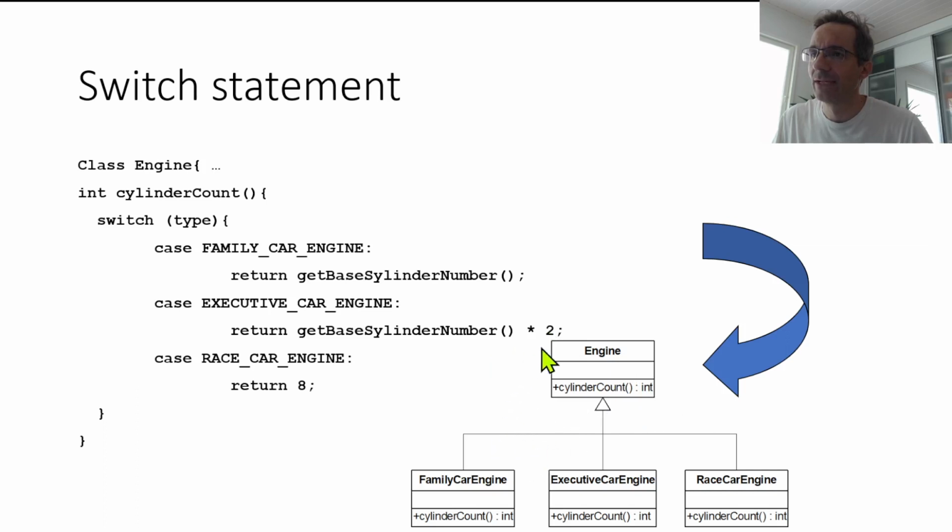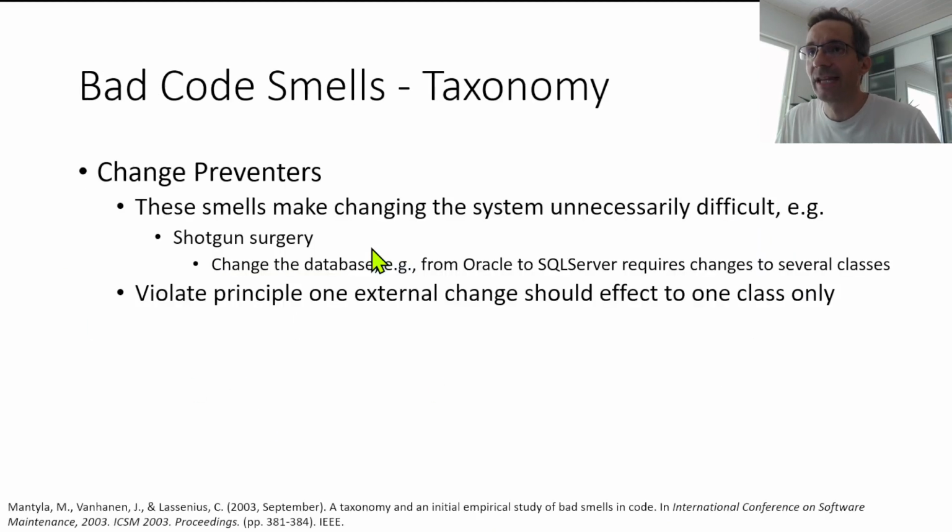So you would have engine, and then you would have a family car engine, executive car engine, and race car engine. And you would especially want to subclass this when there is other stuff that also varies between the different types of engines. So if it's only the cylinder count, it's probably overdoing it to do subclasses. But if you have a bunch of other stuff that also changes between the different engine types, then you definitely want to implement the cylinder class for each, and then you do not get rid of this switch statement.